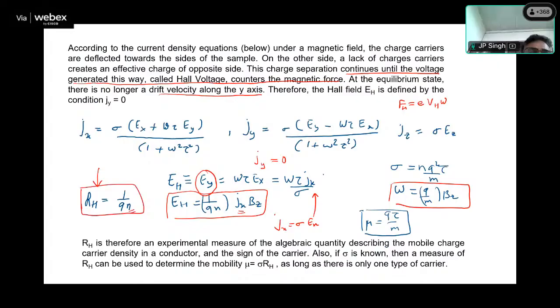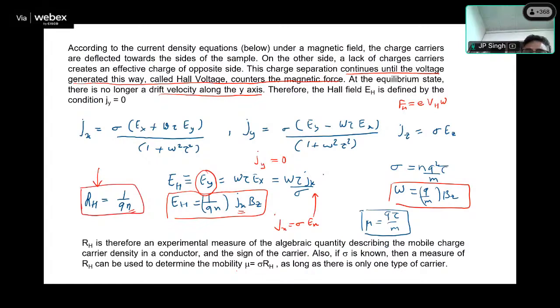We can also determine n, the carrier density. The Hall effect is more than 100 years old, and it is still very useful. All the labs still have this experiment where we can easily figure out the type of the charge carrier and the carrier density.